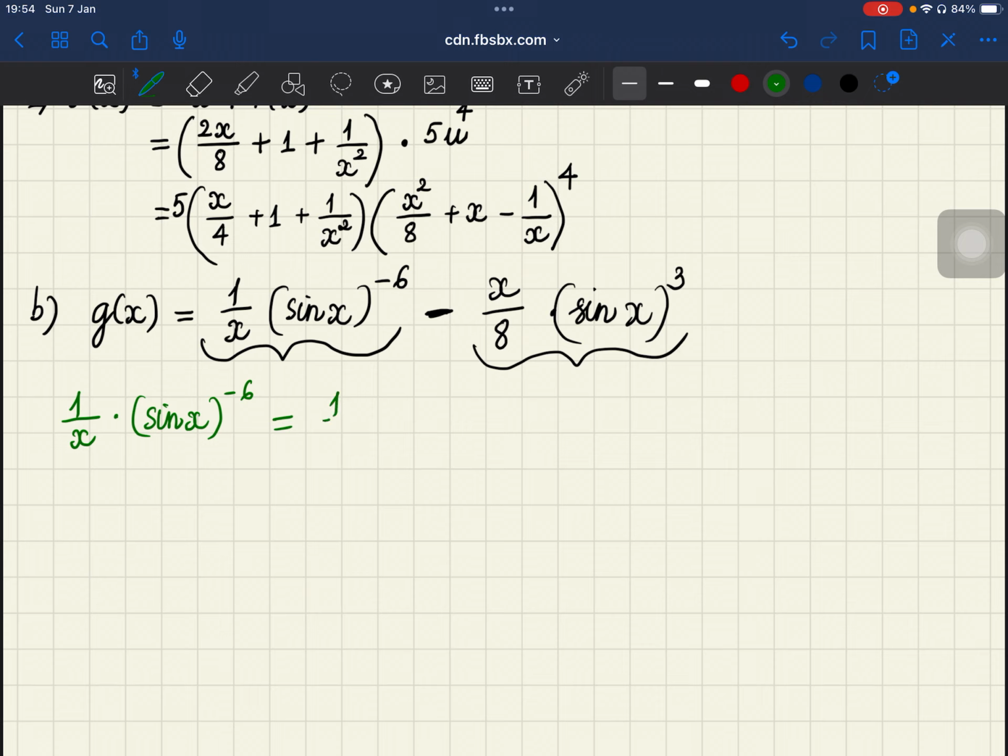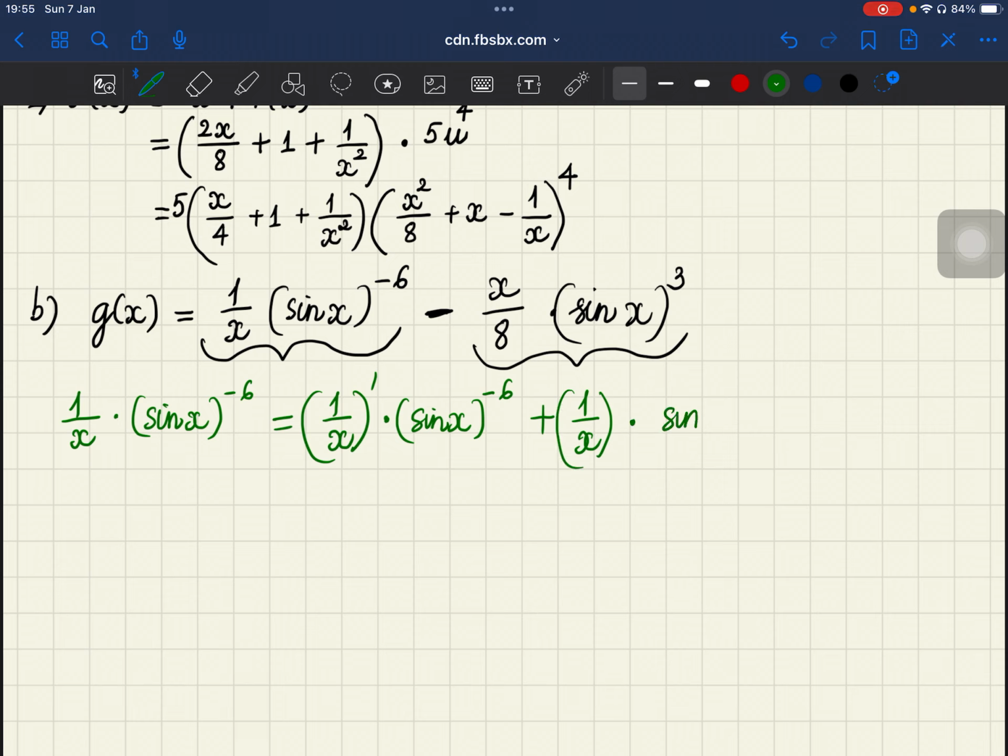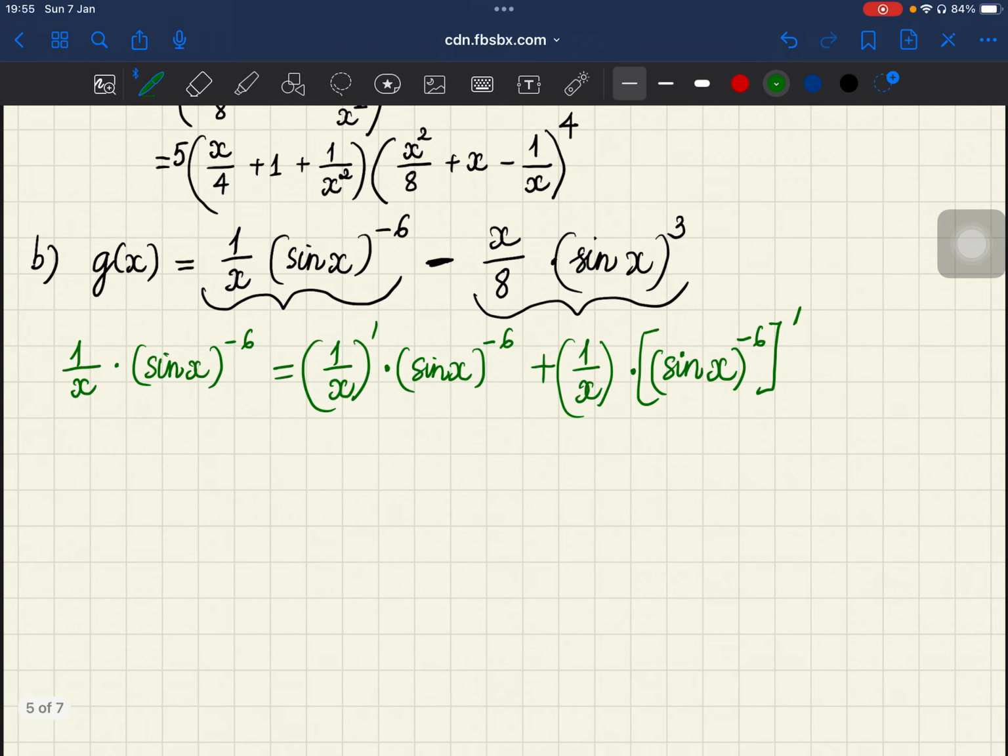So we will have the first derivative of 1 over x multiplied by sine x to the power negative 6, plus 1 over x multiplied by the first derivative of sine x to the power negative 6.